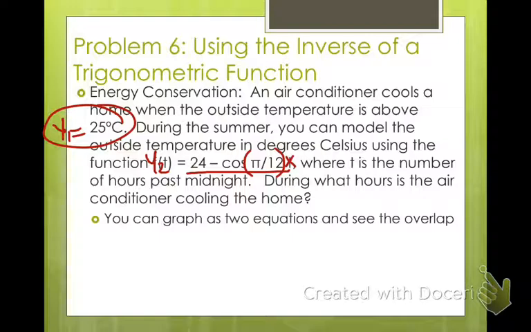And then you graph the two, and you want to know when the temperature is over 25 degrees, that's this shaded area here. When does it turn on and when does it turn off? So we're talking about time in hours. Just use your intersect feature to find out where those two overlap. The other way that you can solve this is using algebra.